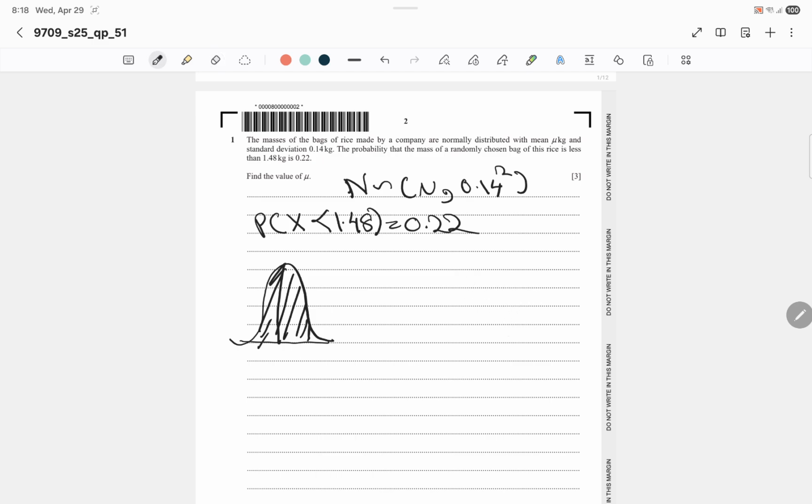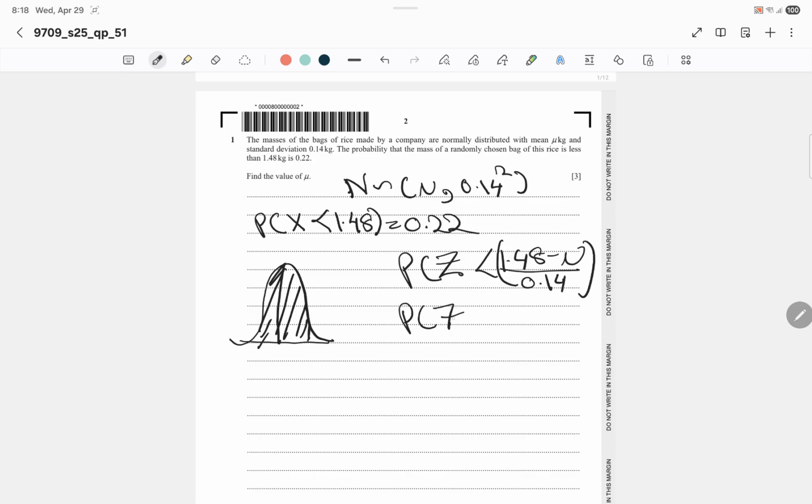So how do we solve this? First we know this. So the z value is going to be P of z less than (1.48 minus mu) by the standard deviation. This whole thing, what do we get?